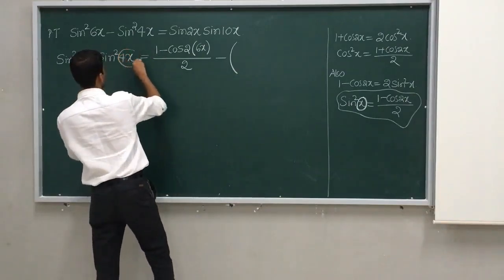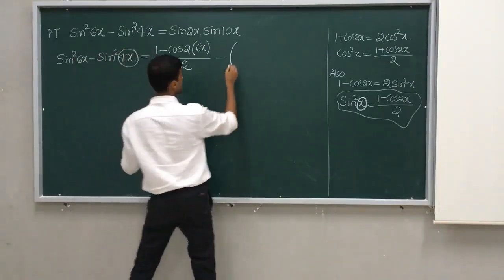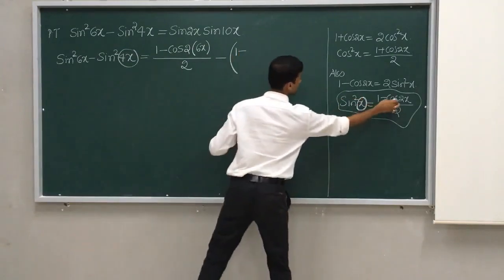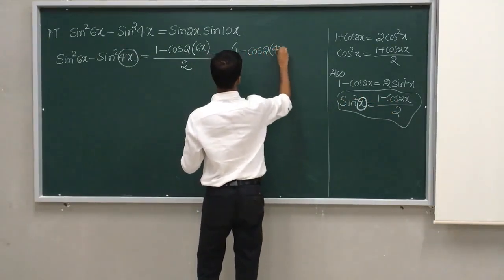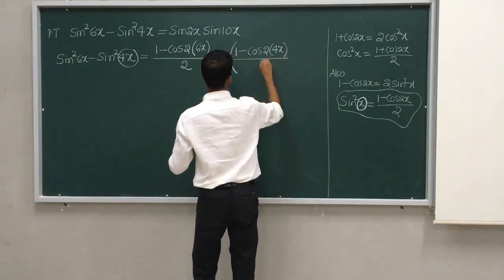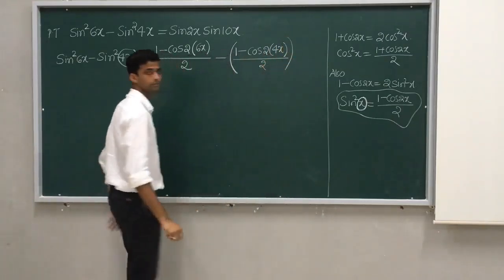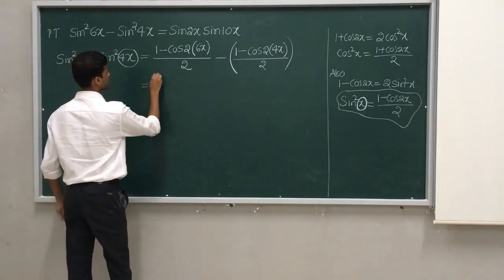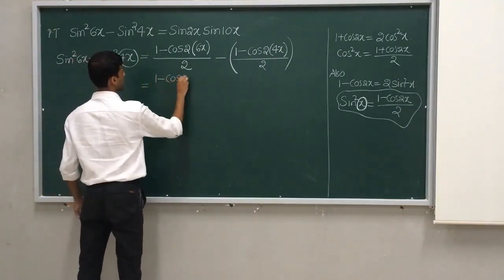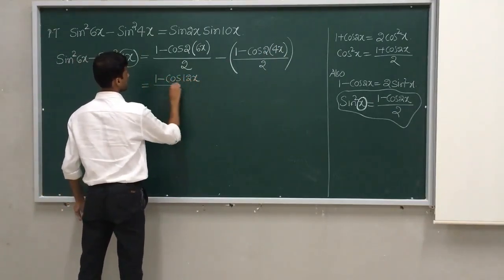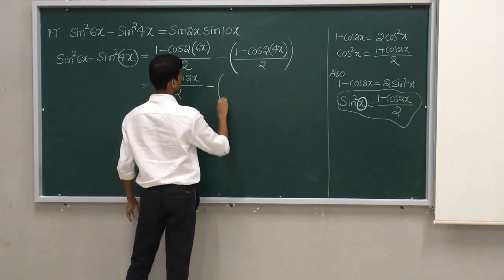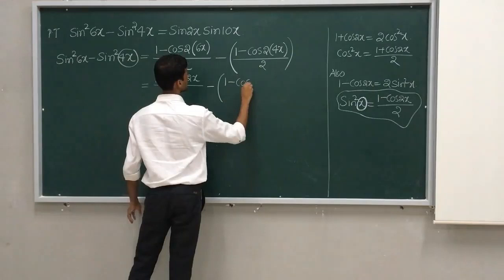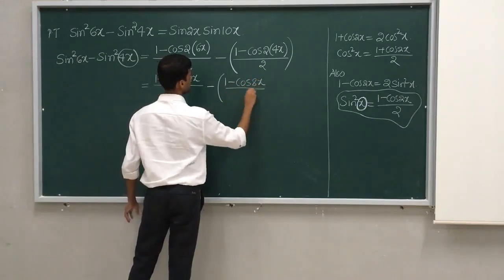In place of x you have 4x, so I'll write 1 minus cos 2 times 4x divided by 2. When I simplify, this becomes (1 minus cos 12x) divided by 2 minus (1 minus cos 8x) by 2.